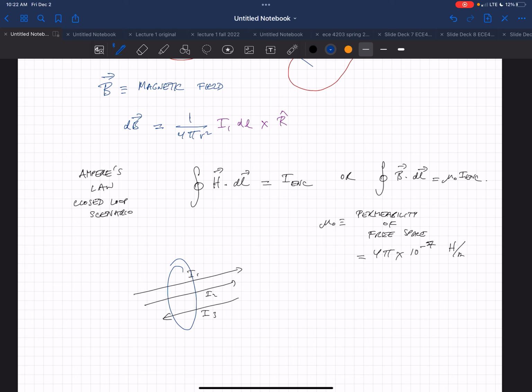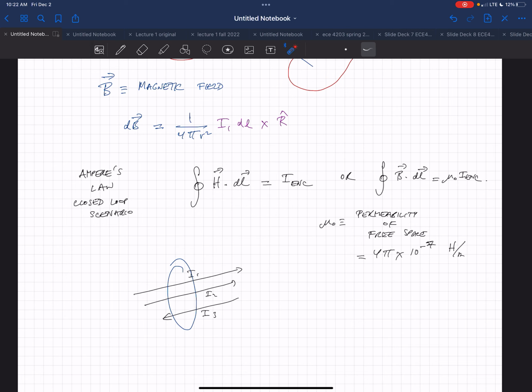If you did this for the electric field, you would get just 0. If, instead of H, I had E here and I integrated E around some charge, but a line, I would get 0. So this is Ampere's law.